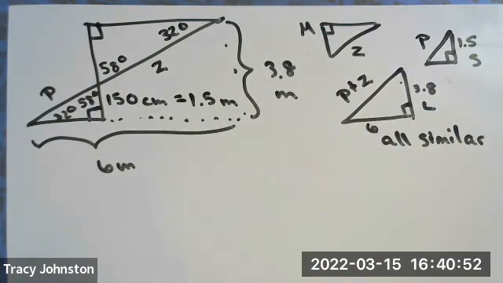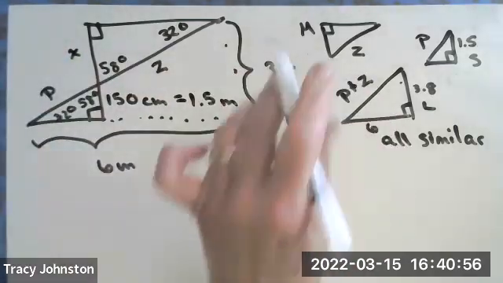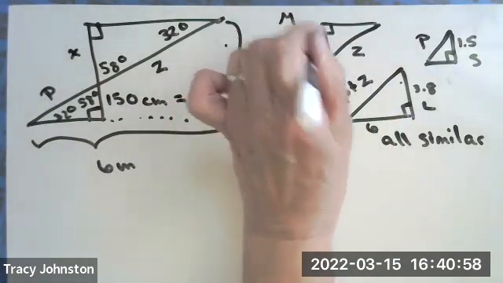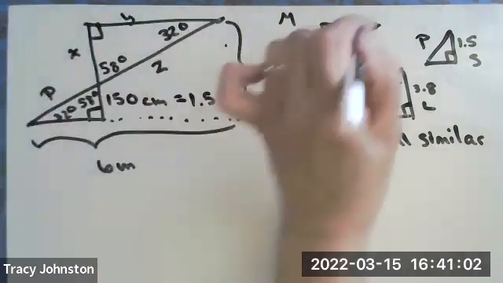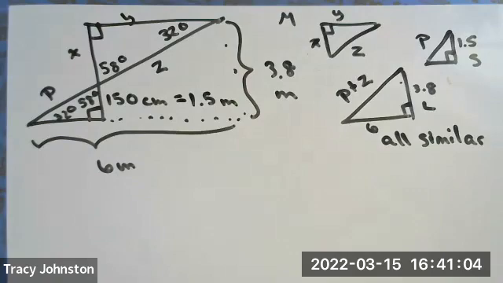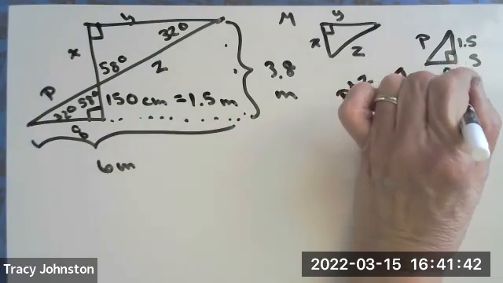Okay, and I need to label some other parts so I can work with them. I'm going to call this X because I have to find that. So this is X, and I'm going to call this Y, which is this side for that Y. The other part that I need to label is this side here, and that's Q. So I'll add that there.